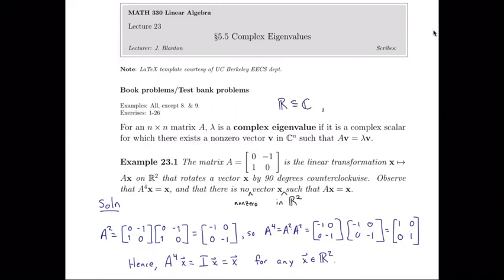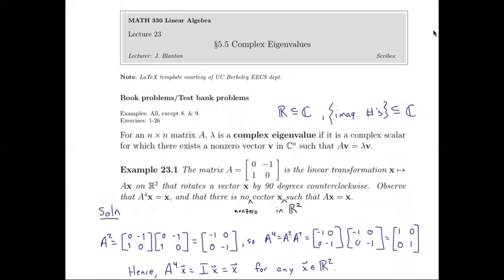And the imaginary numbers, as a set, these are all the numbers that are some multiple times i. They're also a subset of the complex numbers. So just remember that when we talk about complex numbers, we're talking about this larger set that subsumes both the real numbers and the imaginary numbers.